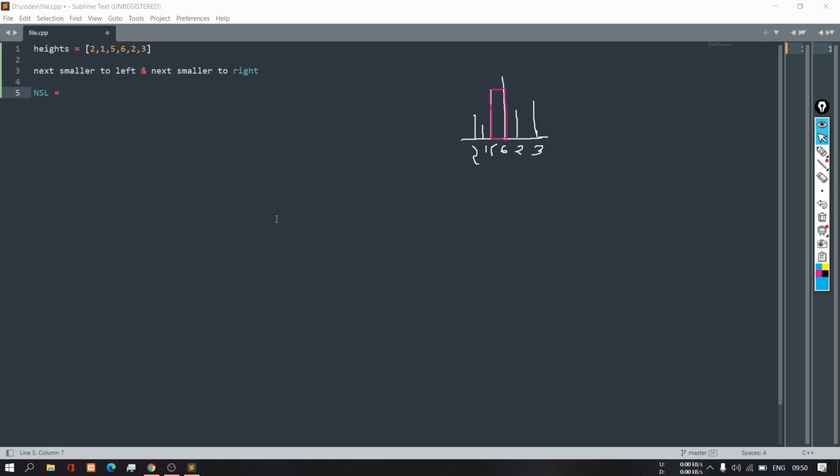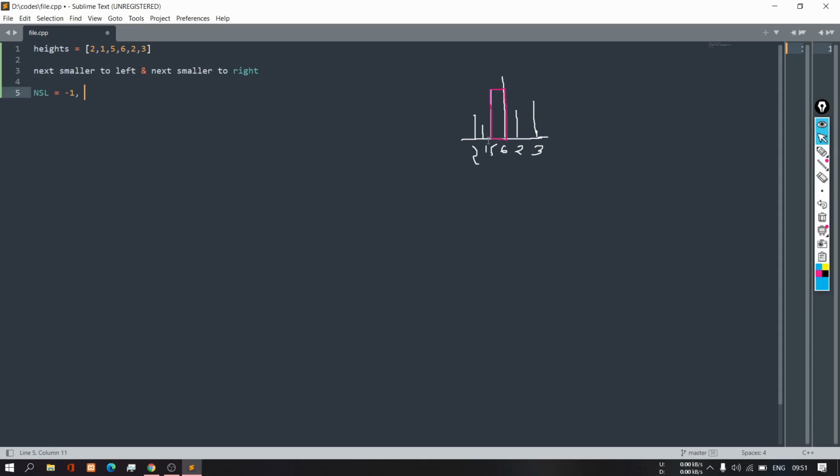As I told you, if you know the prerequisite, then you can understand this thing. There is no element on the left side, so I will put -1 here, and we are putting the indexes, not the values. I will tell you after the completion of NSL and NSR why we need these indexes.